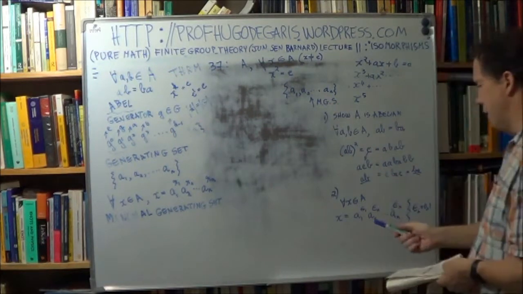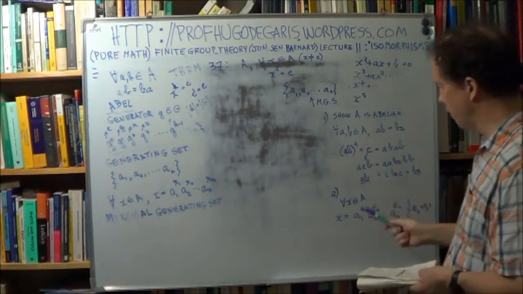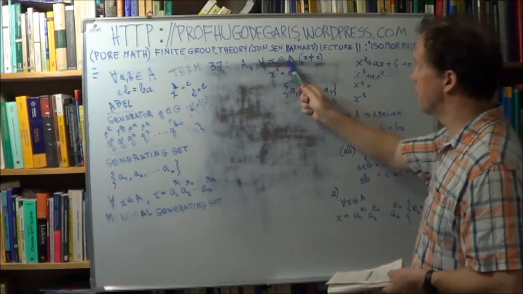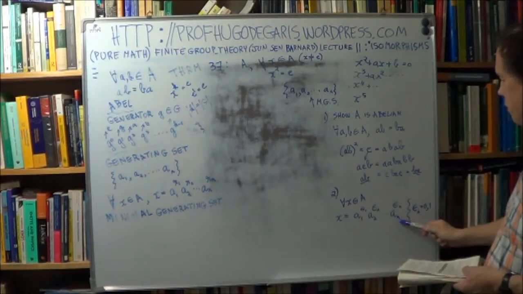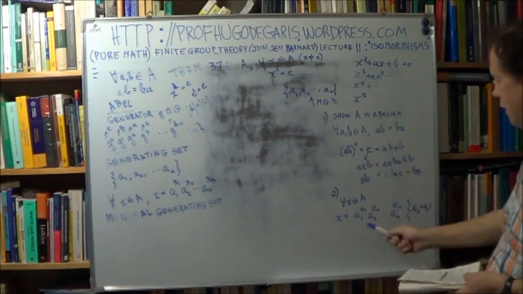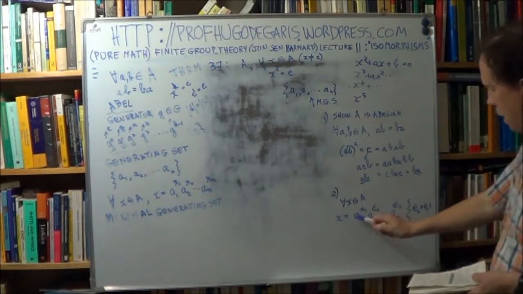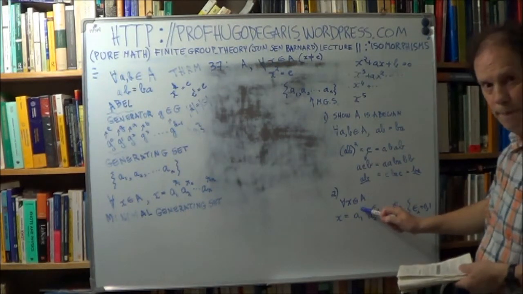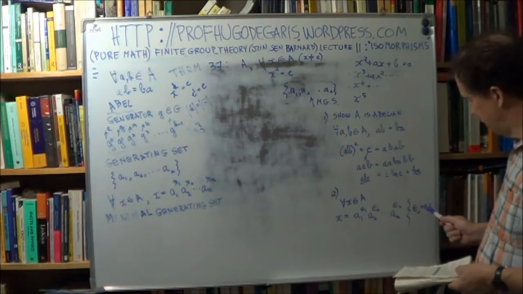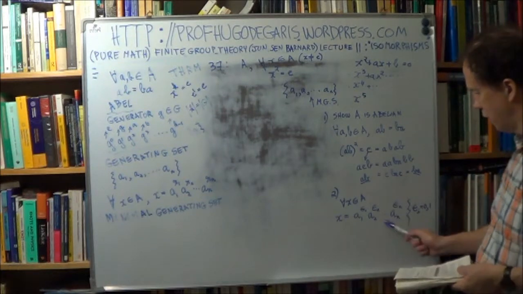And the theorem states, part 2, that any element x belonging to this abelian group can be written in this form using the minimal generating set. So this A1 is this element, and A2 is this element, and these etas are integers, and they can only take two values, either 0 or 1. That's what you have to prove.